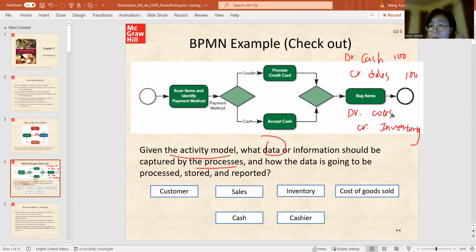When they check the milk, the eggs, or cosmetics, each item they scan, we call the cost data from the inventory account. For example, the cost is 75 in total. So accounting data will be automatically captured and recorded in this business enterprise system.